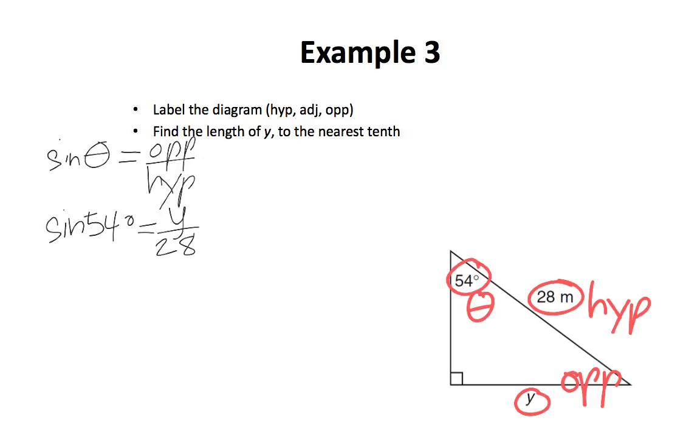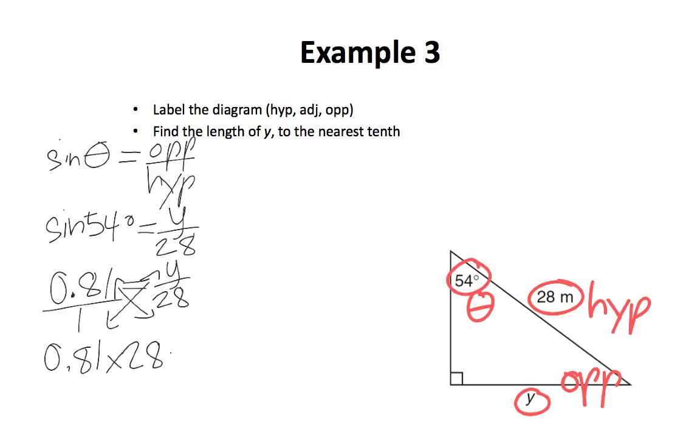On your scientific calculator, you need to enter sine of 54 degrees, and that should give you approximately 0.81. Everything on the right is going to stay the same. We want to change 0.81 into a fraction, so I'm just going to put it over 1. Next, we're going to cross multiply, which is going to leave us 0.81 multiplied by 28, and 1 multiplied by y.